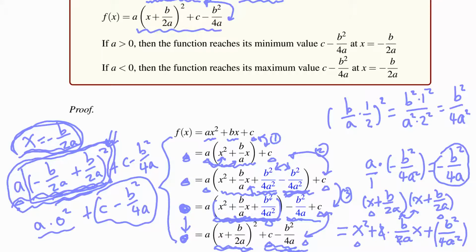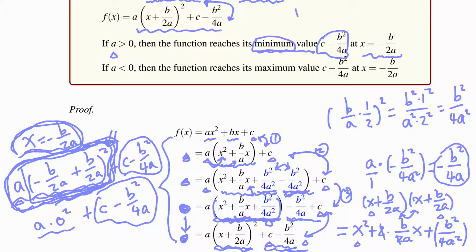Then it reaches 0, the smallest. So that's why we say when a is greater than 0, and x equals negative b over 2a, we will get the minimum value, c minus b squared over 4a is minimal.